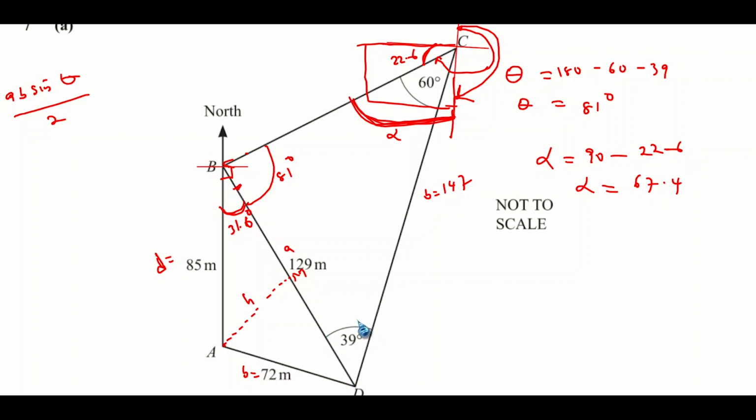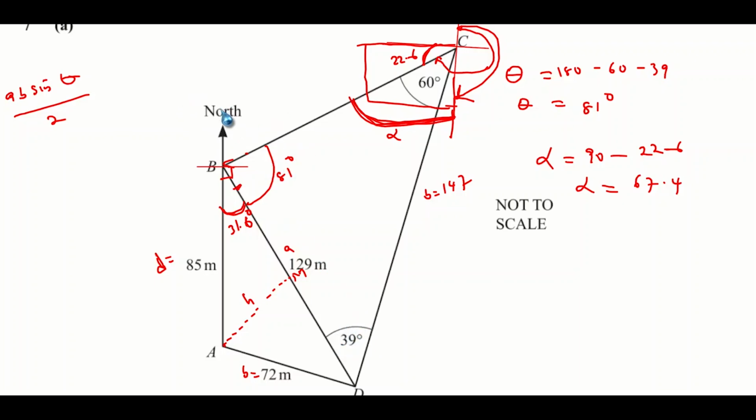The angle between the two sides will be this, so the area of this one will be 129 times 147 times the sine of the angle between them, sine 39, divided by 2.